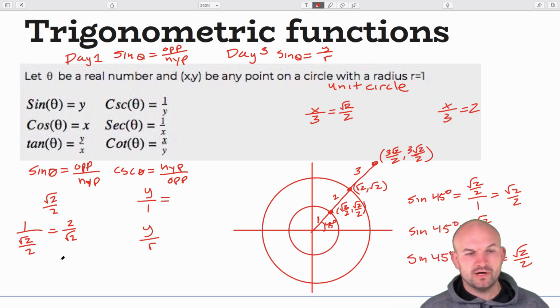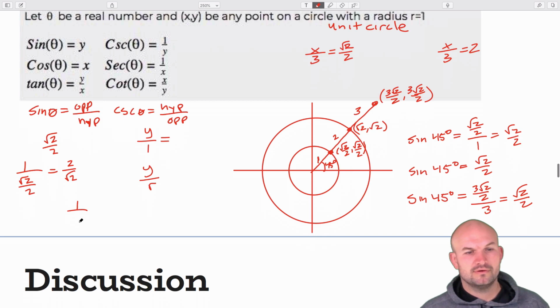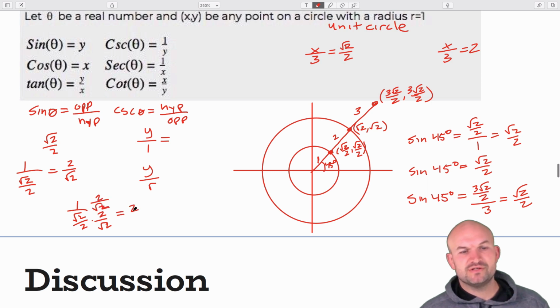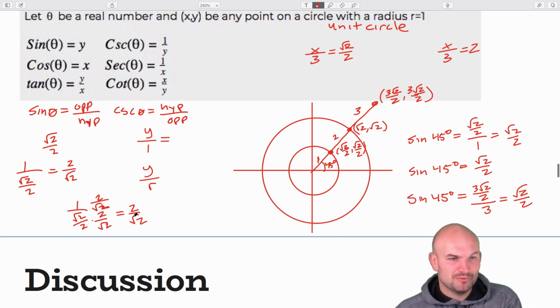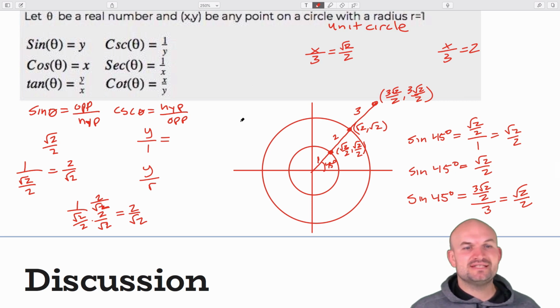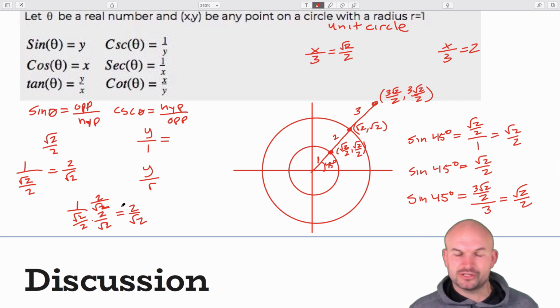Because if you put it under 1, then you have the square root of 2 over 2, and then you're going to multiply by the reciprocal, which gives you 2 over square root of 2. So all I did was multiply by the reciprocal, which gave me back my answer anyway. A lot of people see these new definitions, and instead of reciprocating fractions, they put it under 1 and do this extra work. So I just wanted to point that out.